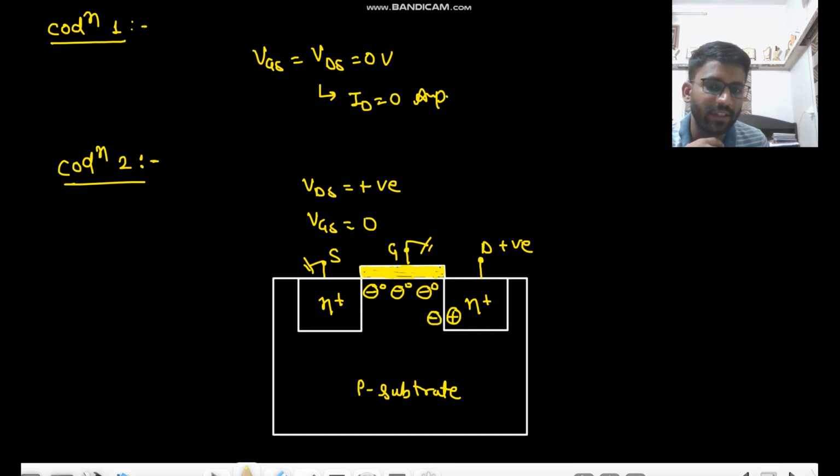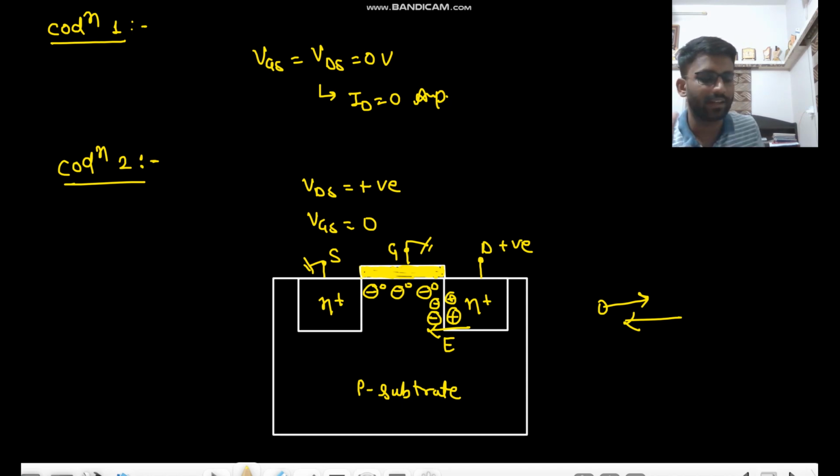This depletion layer will be there, so there will be one electric field in this direction and there are holes here. The hole will feel a force and go in this direction. So that is working fine.